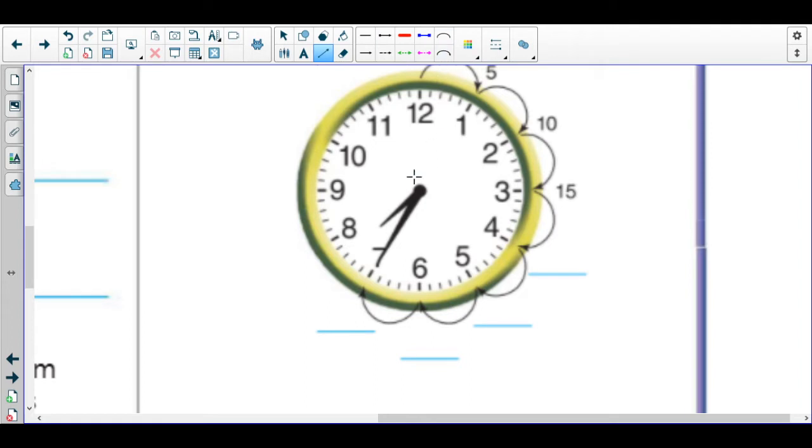Well, first of all, if we extend it out from here and then here. All right, so let's look at this first. What we can see is that this hour hand right here is after the 7, but before the 8. So it's between.